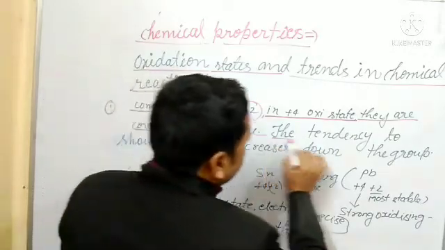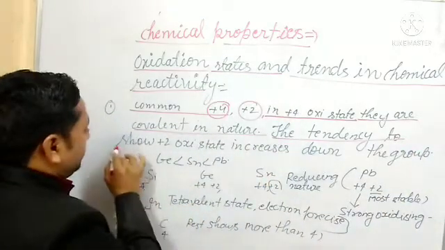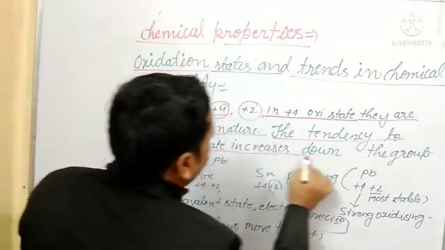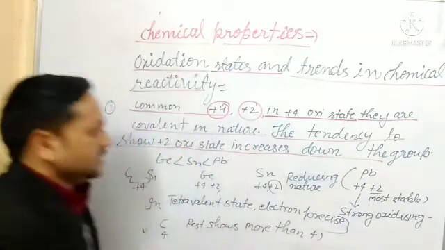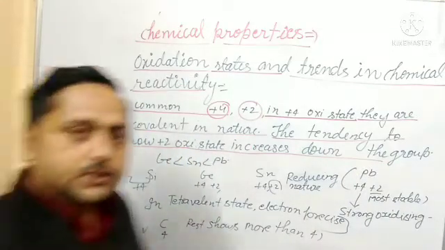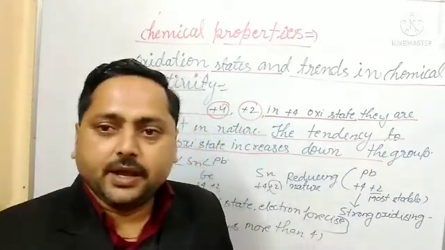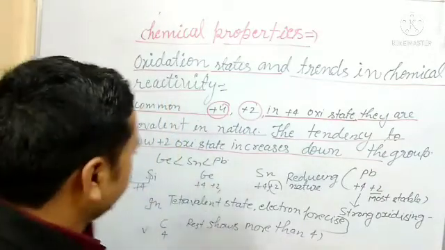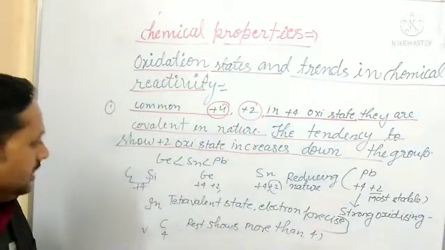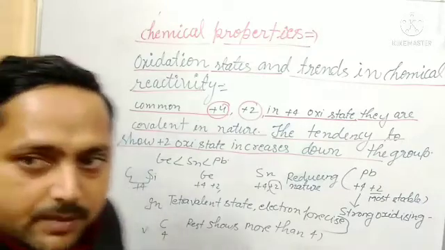The tendency to show the +2 oxidation state increases down the group. Other points: what different oxidation states are being shown by them?